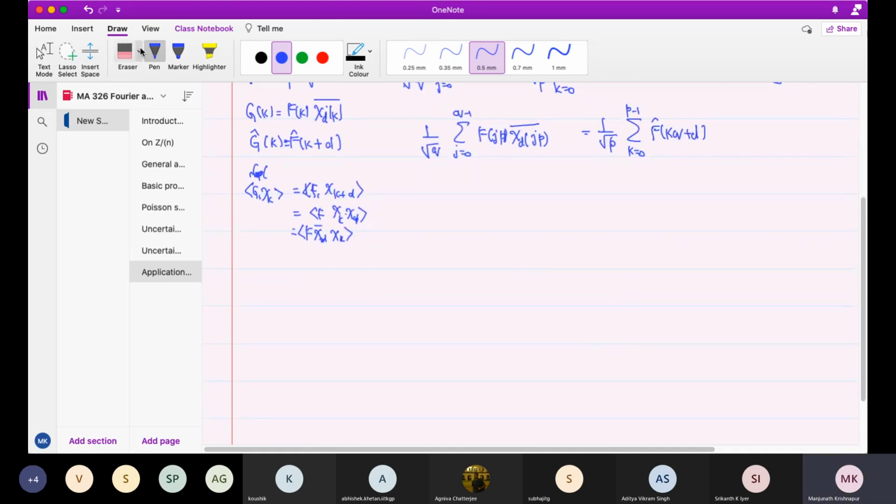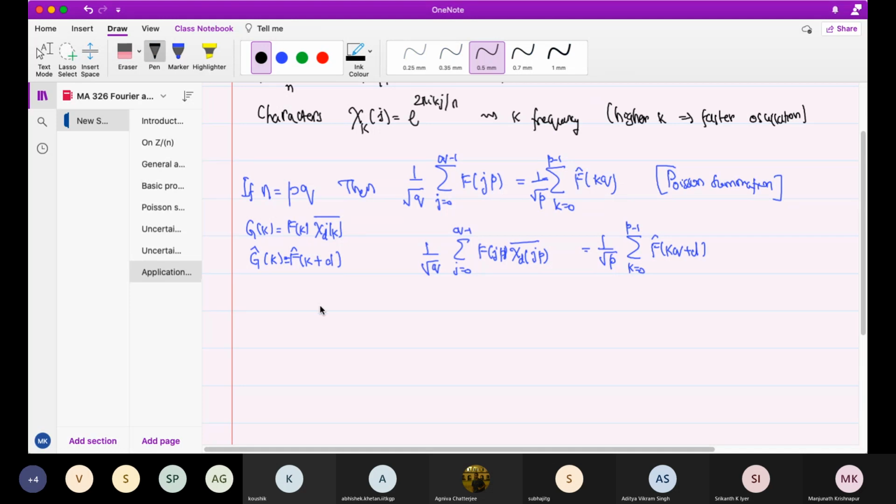So because of that, now suppose f hat is supported on, what should I write?